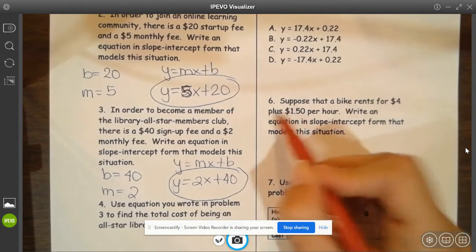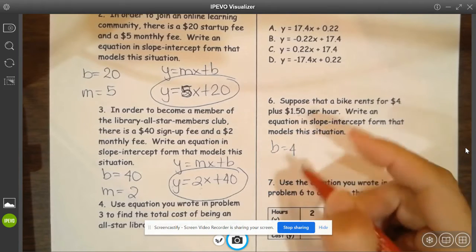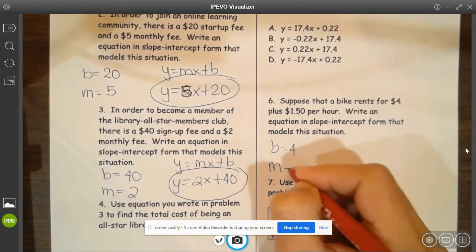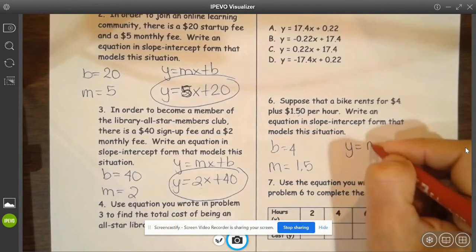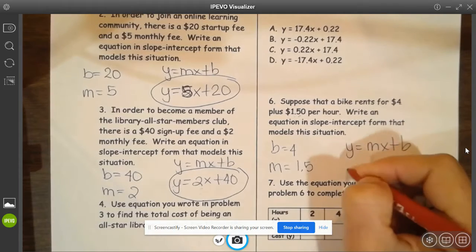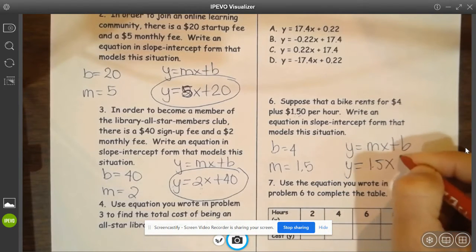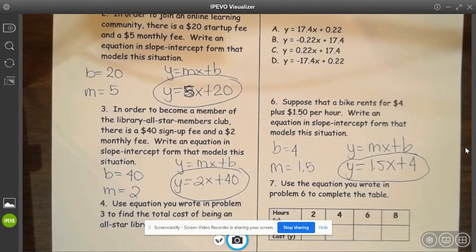Well, we have to pay $4, so that's b equals 4. And then on top of that, you have to pay $1.50 per hour. So our slope is 1.50. So y equals mx plus b will be y equals 1.50 times x plus 4. And that is my equation.